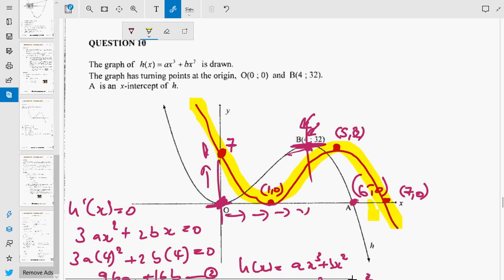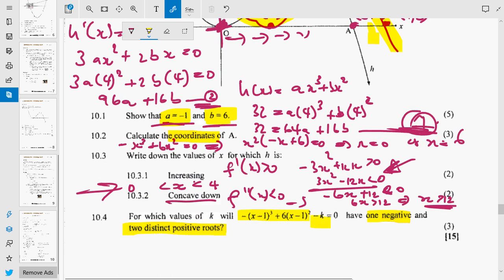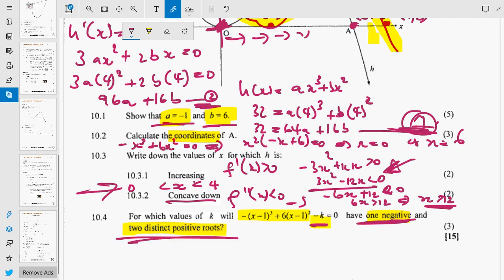You can see in this graph, I'm subtracting k. So how must I shift this graph up or down so that I have 1 negative and 2 distinct positive roots? The word distinct means they're different.